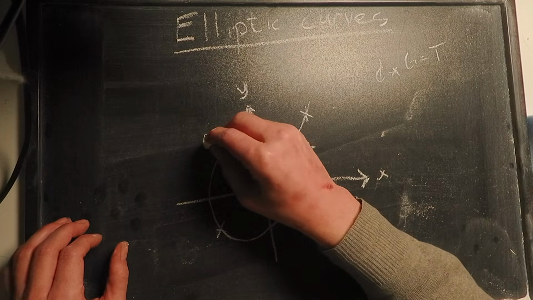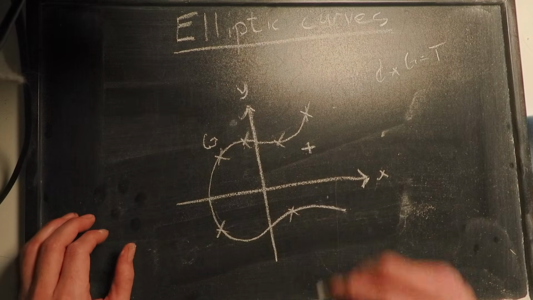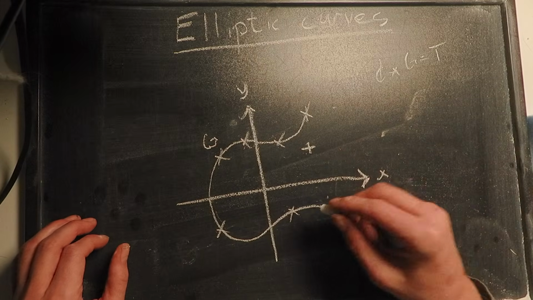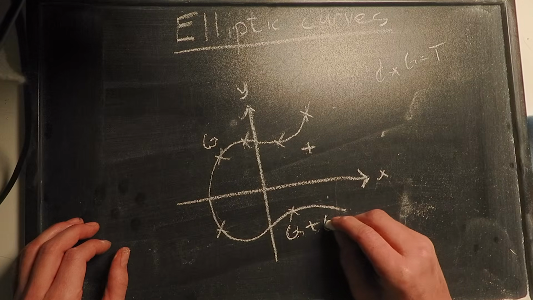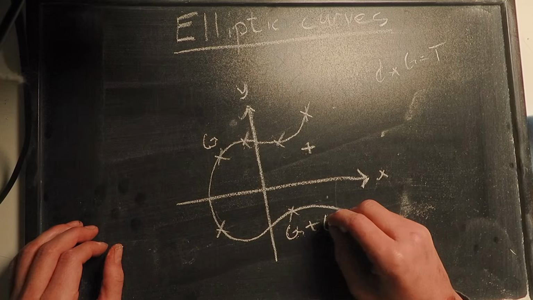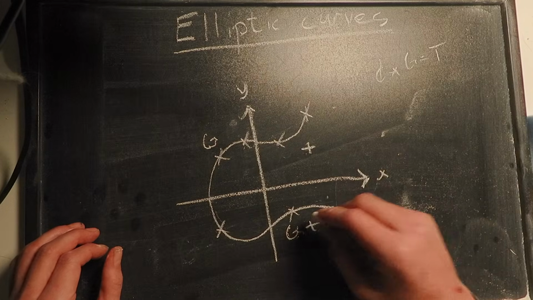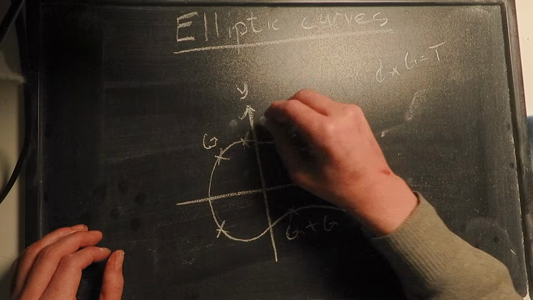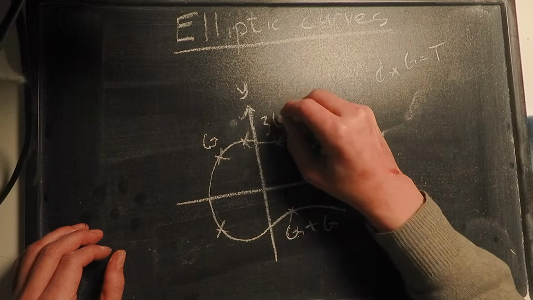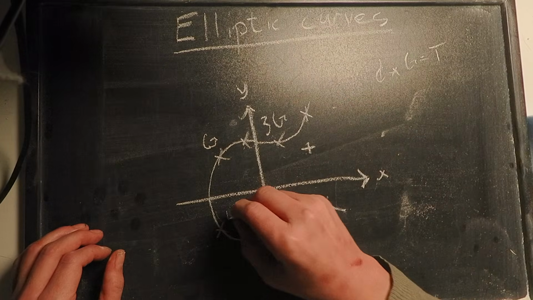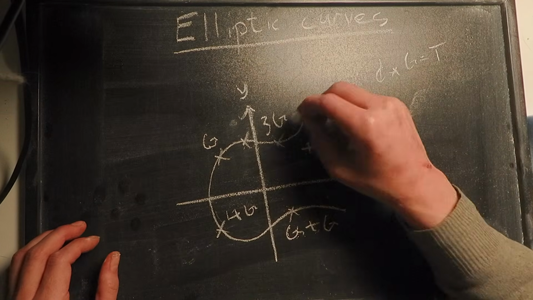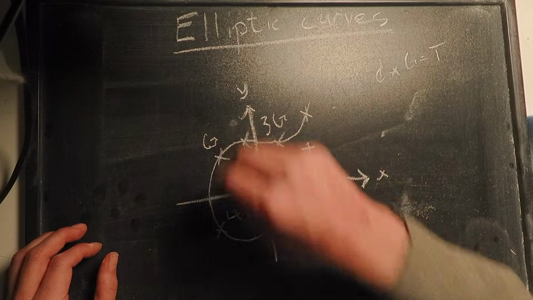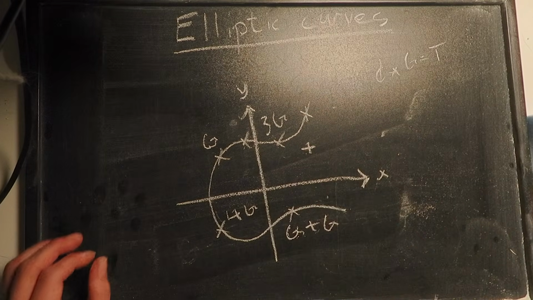So if we say that this is G here, and we take G plus G, then we end up maybe here. And if we take this value and add G to it, then maybe we will come here. So this is 3G and 4G and so on. So this is how we are going to crack this thing, because the d value is how many of these hops we do when we add G to itself.